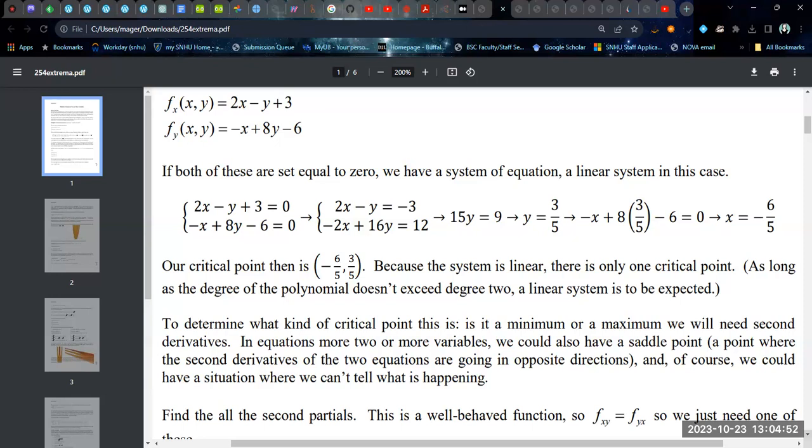If you have 1 third degree term, that will double the number of critical points. If you have 2 third degree terms, that will double it again. And so you could have as many as 4 critical points. There could be less, but the maximum number of critical points goes up. Each time you increase the degree, you increase the number of available critical points in that dimension.